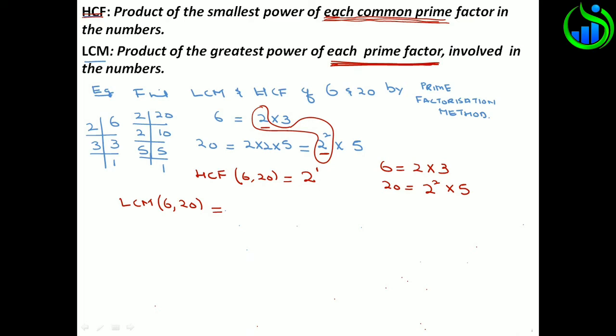Among the prime factors, for 2 the greatest power is 2 raised to power 2, which is 4. Next, 3 raised to power 1, which is 3, and then 5. So 4 into 3 into 5, which is equal to 60. So the LCM is 60, and the HCF is 2. This is the prime factorization method.